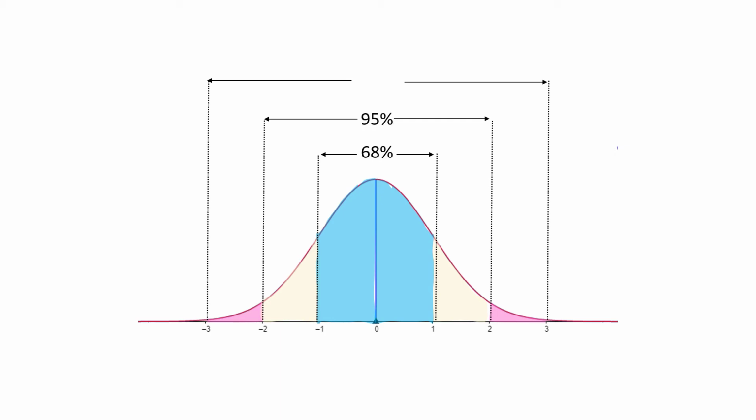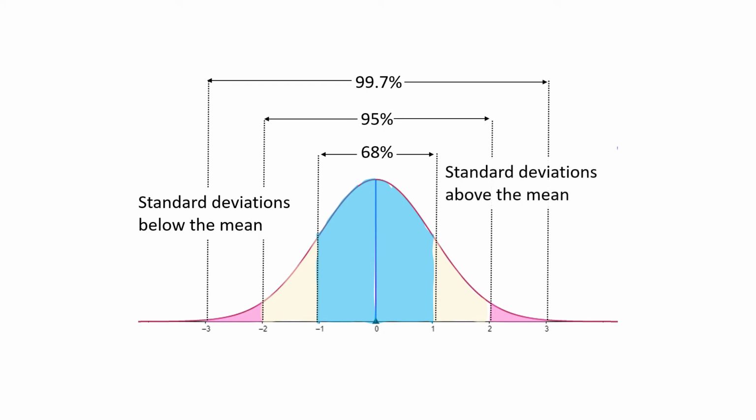And finally, between -3 and 3, that's 3 standard deviations about the mean, you will have approximately 99.7% of all data. We say that standard deviations to the left of the mean are below the mean, and to the right we say that the standard deviations are above the mean.